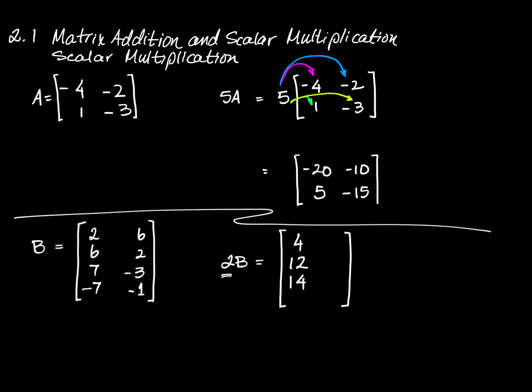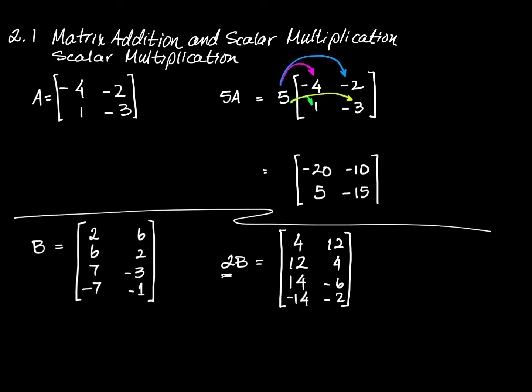And then 2 times -7, which is -14. And then in my second column, I have 2 times 6, 2 times 2, 2 times -3, and 2 times -1. So that's going to give me 12, 4, -6, and -2. And that is B scaled by 2.